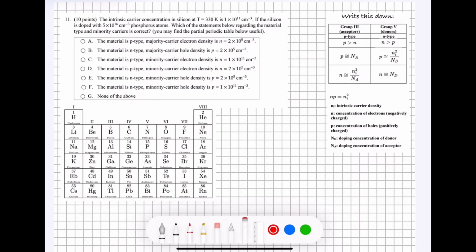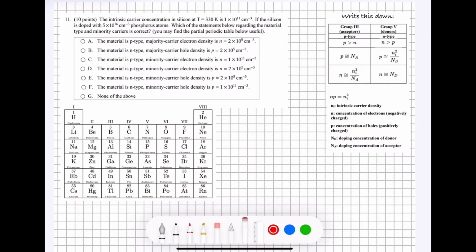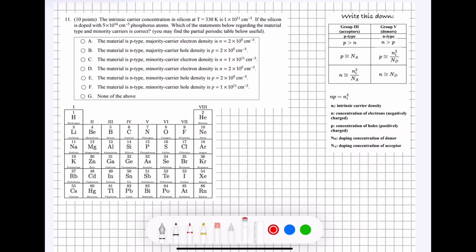All right, so in this question, you are given the periodic table over here, but you are not given any of this information over here. I would highly recommend you write down everything over here on the right side of the page for questions like this, including these definitions of what these variables mean in all of these equations in the table and this equation right here, just because it can be a little bit tricky sometimes to keep track of, and they're not going to tell you what the numbers are in terms of their variable names in the problem.